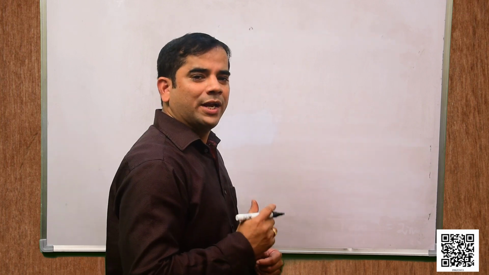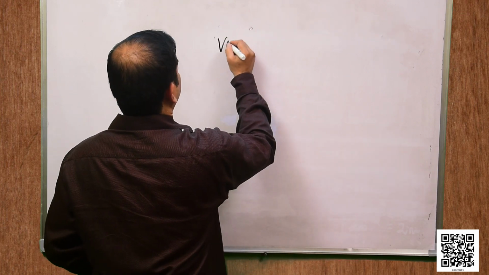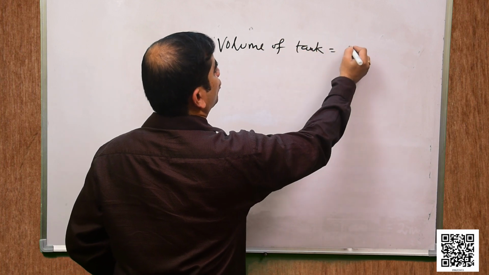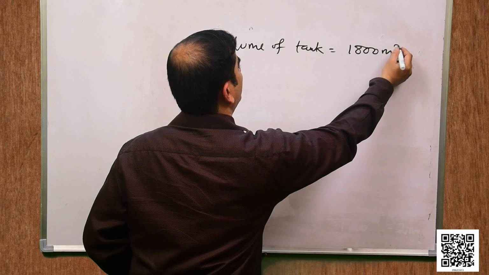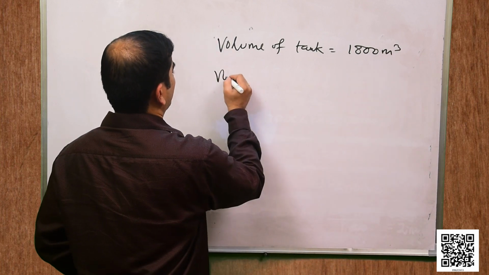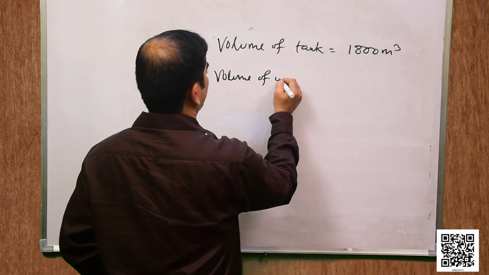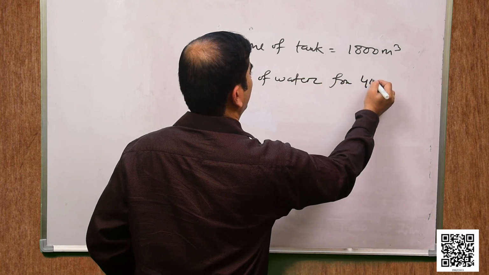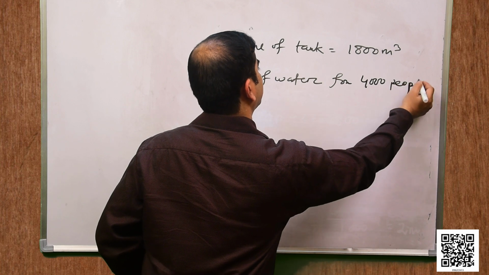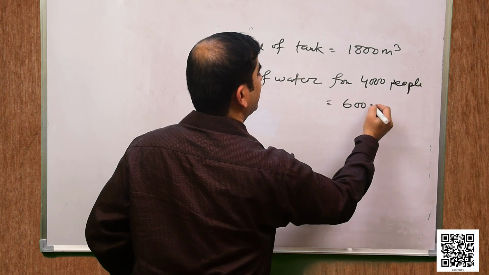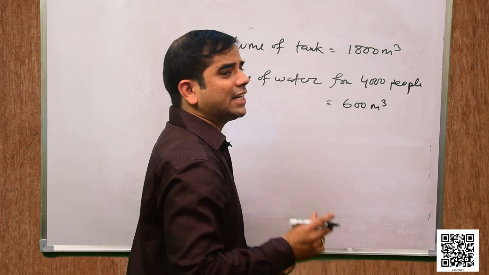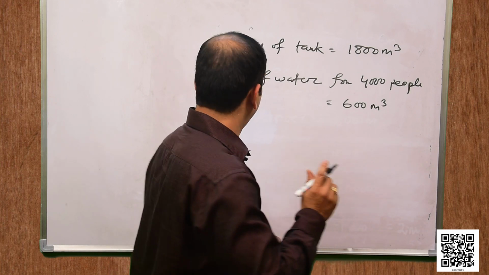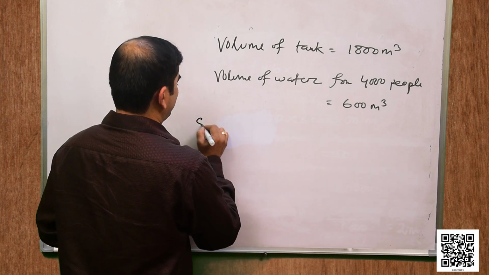So students, we have found that volume of the tank is equal to 1800 meter cube and volume of water for 4,000 people is equal to 600 meter cube. So let us find how many days the water will last.